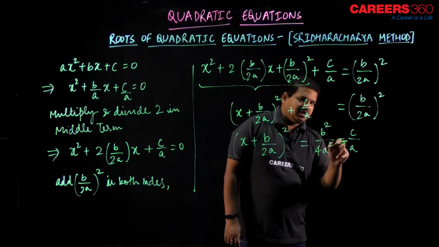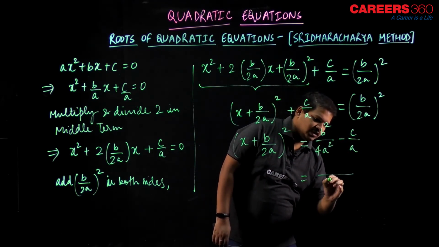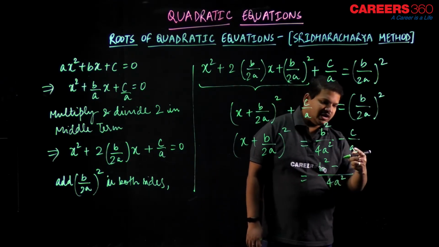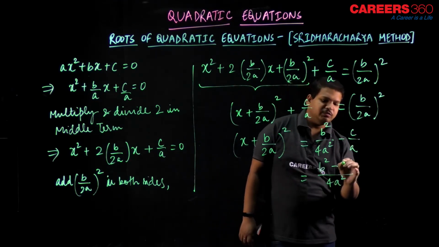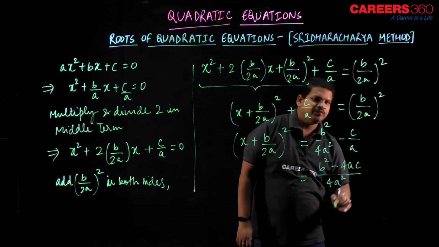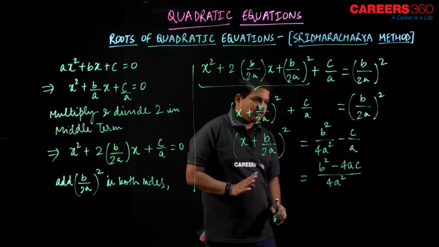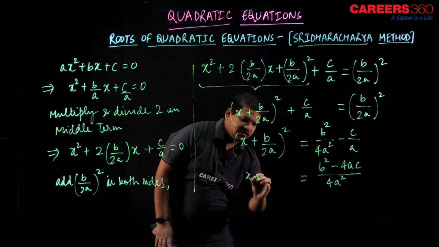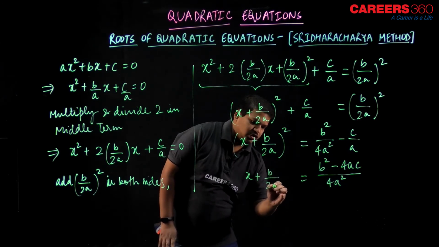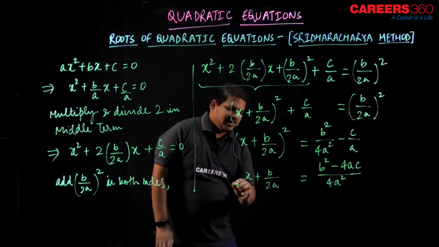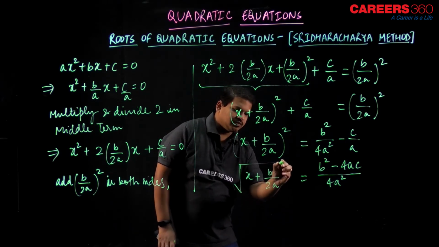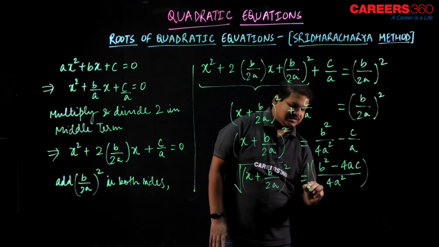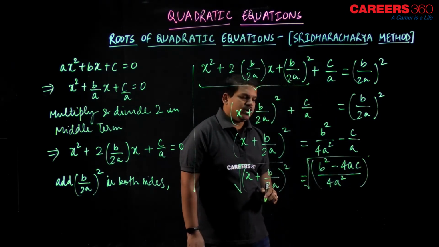And if I take the LCM, 4a square will be the LCM, and this will be b square minus, and then a into 4a, so 4ac will be there. So over here I have x plus b upon 2a, and what if I take the square root on both sides?